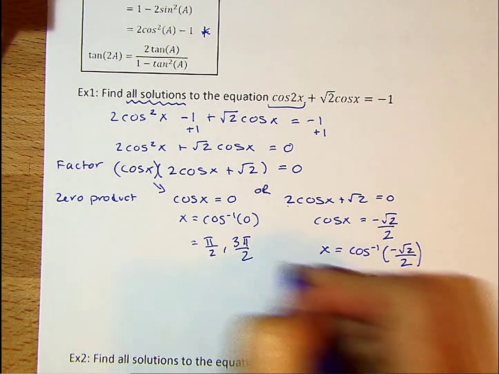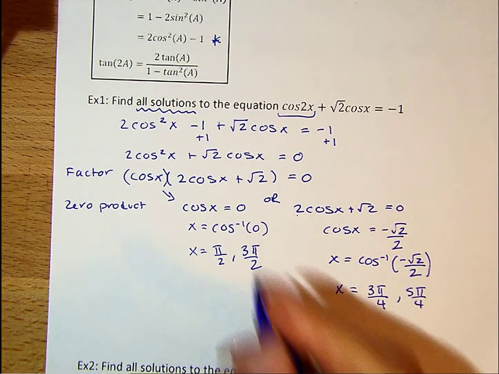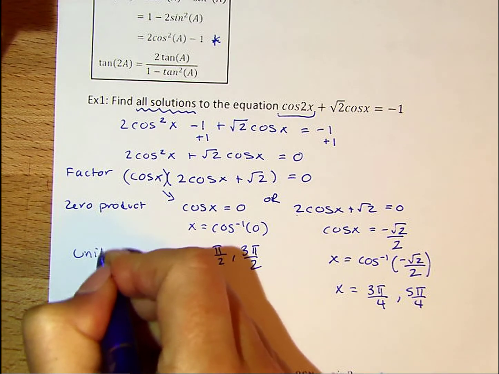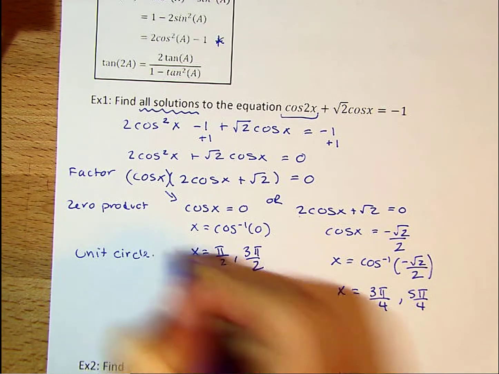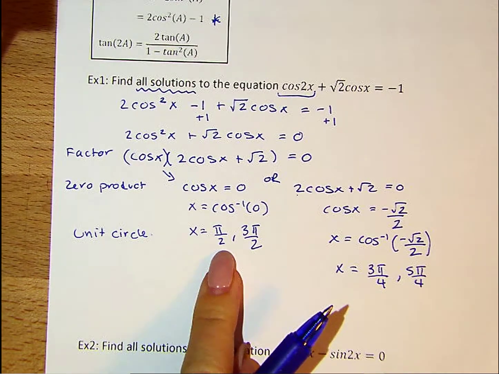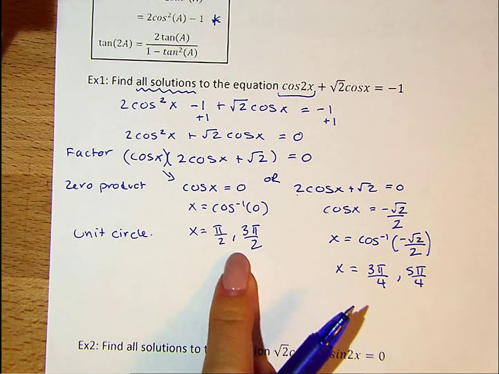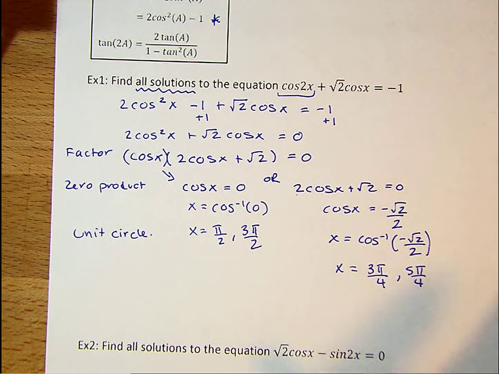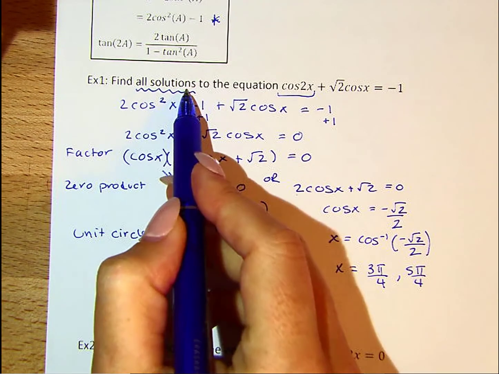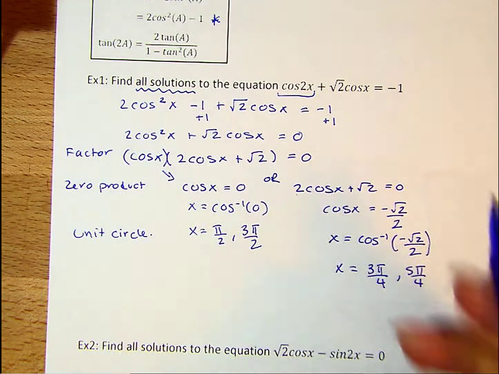So I found those by evaluating with my unit circle. So if the question said, what are all the answers within the specific domain of 0 to 2 pi, I would be done. But that's not what the question is asking. It's asking for all solutions.